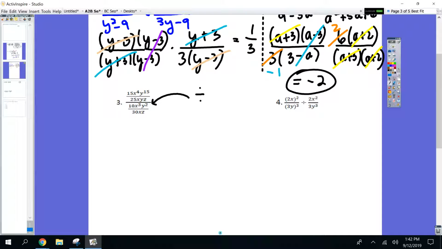Here's your left side. Here's your right side. It's written differently. So I'm still going to multiply. That numerator I'm going to keep the same. Denominator I'm going to keep the same. What am I going to do to the denominator? Flip it. So the 30xz is on top.